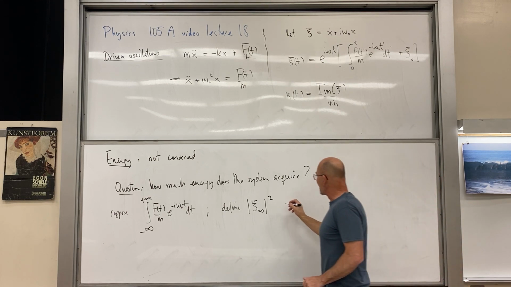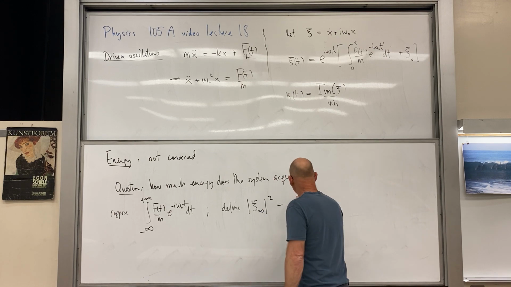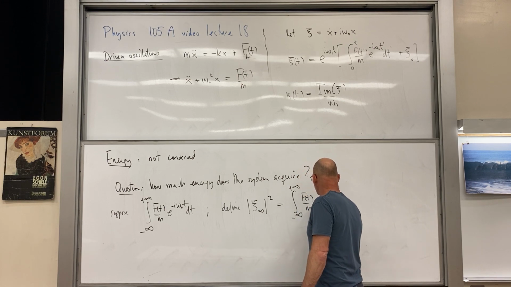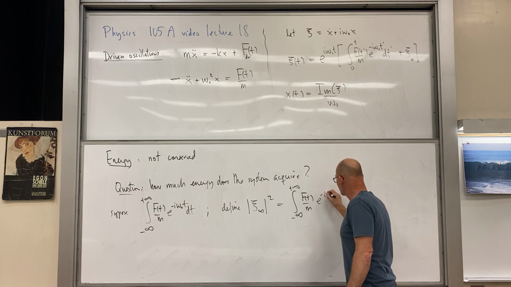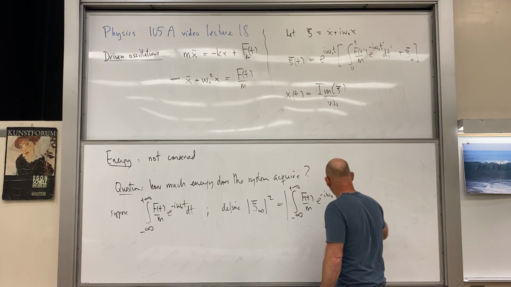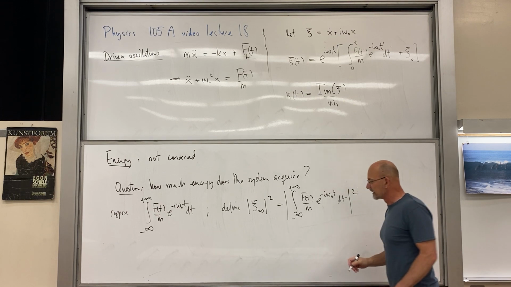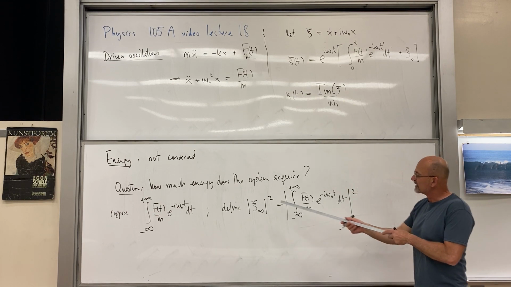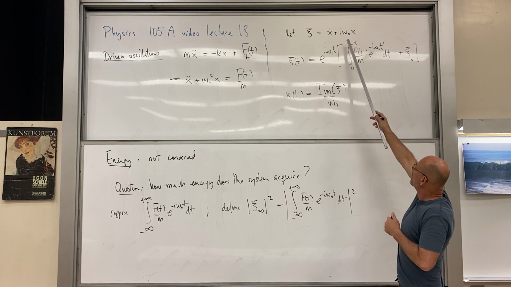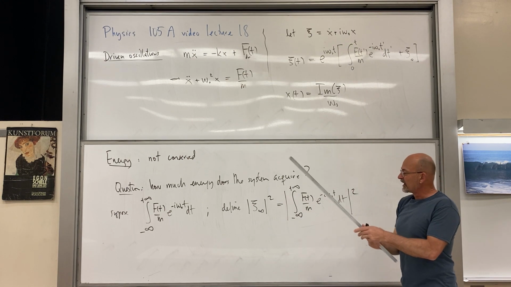So because of that, we can just define that as this integral from minus infinity to plus infinity of f of t over m, e to the minus i omega naught t, dt, complex conjugate squared.